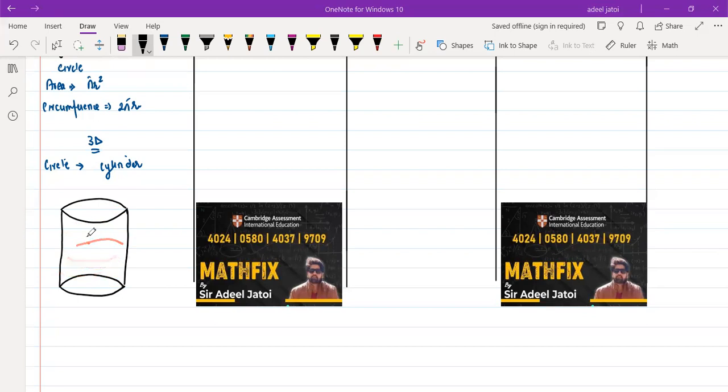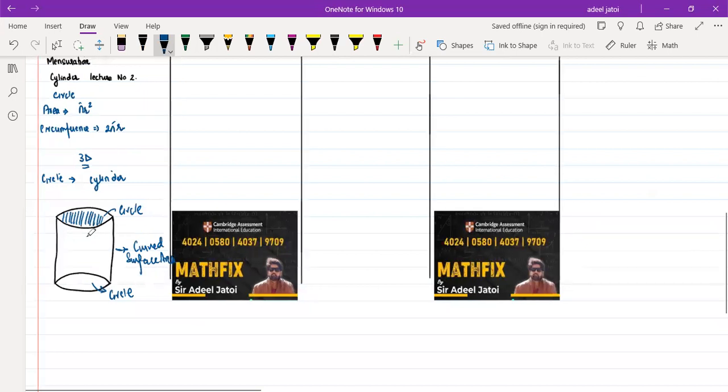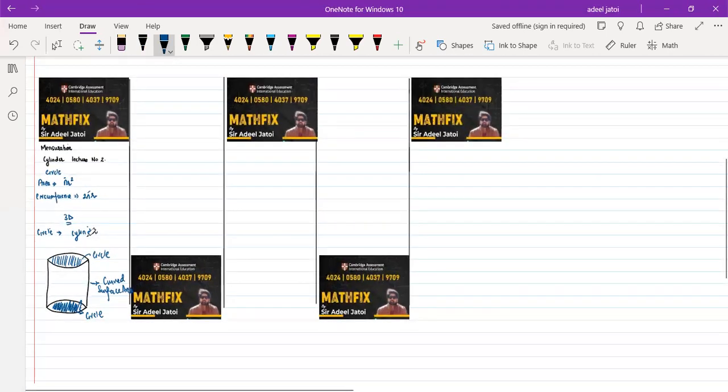So this is your circle, this is your circle, and the mid area is your curved surface area.